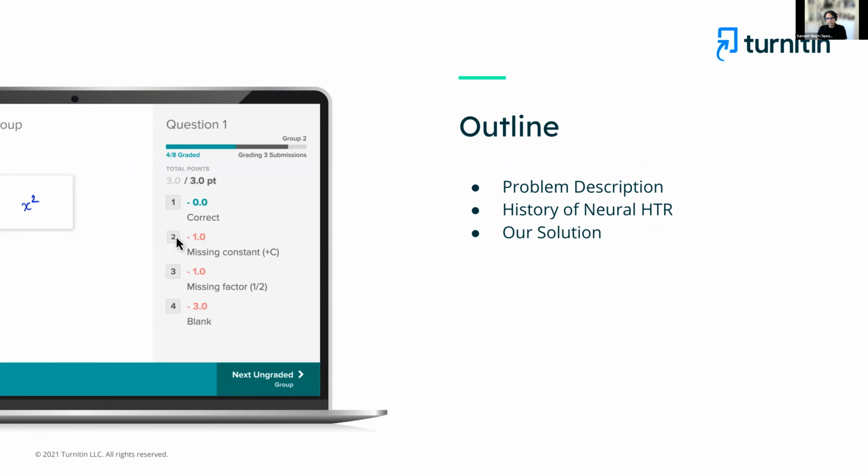So this is the outline. I'm going to describe the problem, then a history of the neural network approaches to handwriting recognition, and then finally our solution. The reason for this tour of the history of neural HDR is that it will show how we started with very basic digit recognition, and how the community developed more and more capabilities.